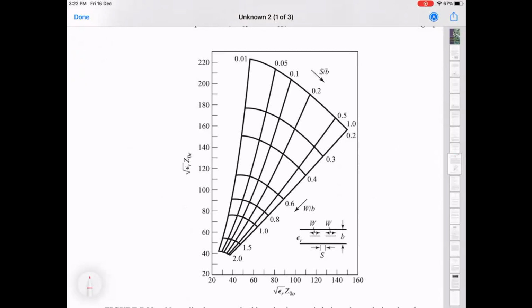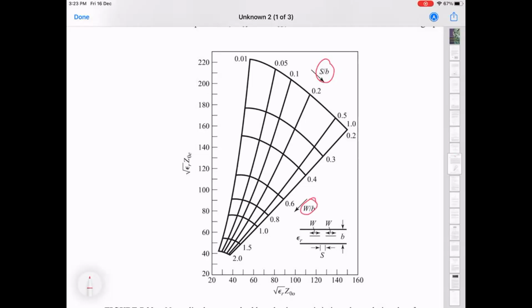The X and the Y axis here are the even and odd mode impedance you want. And then this tells you the dimensions, which is basically the width over the height. So S over B and W over B.